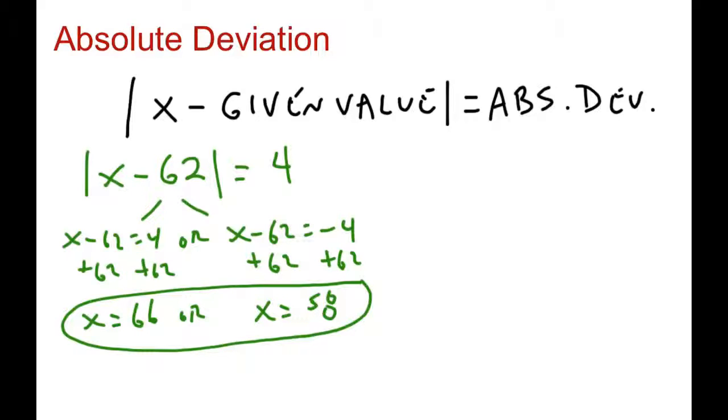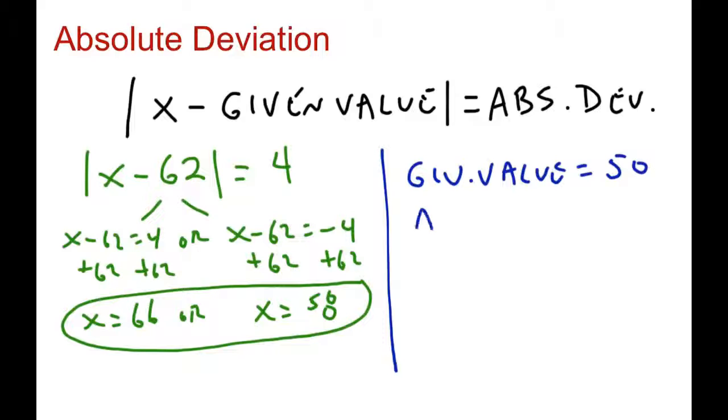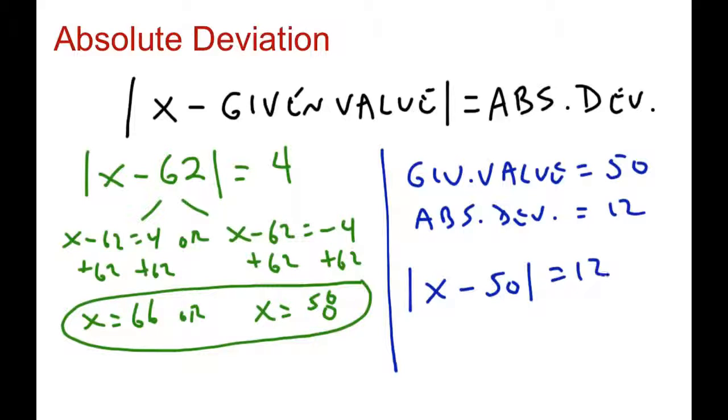Now a lot of problems you're going to see could be set up as a word problem, kind of like the survey problem I just said, but we're even going to see basic problems in our textbook and our study guide packets where it'll simply say the given value is 50. The absolute deviation is, let's say, 12, and it'll ask us to solve that. So we'll simply write X minus the given value equals 12.